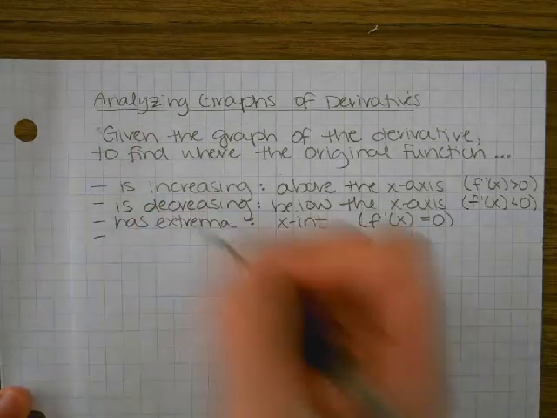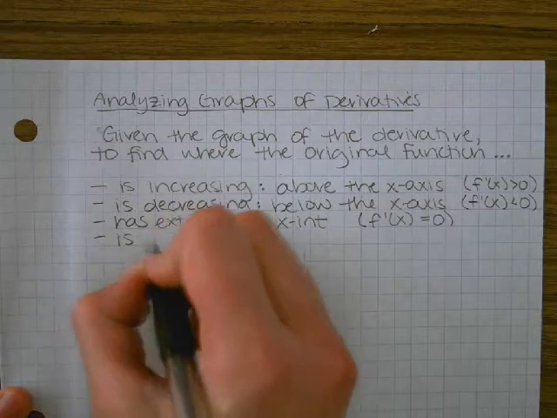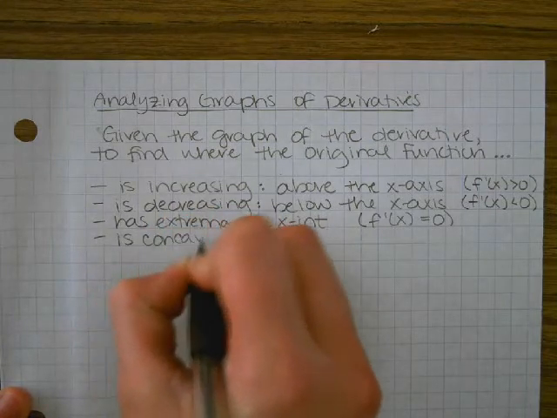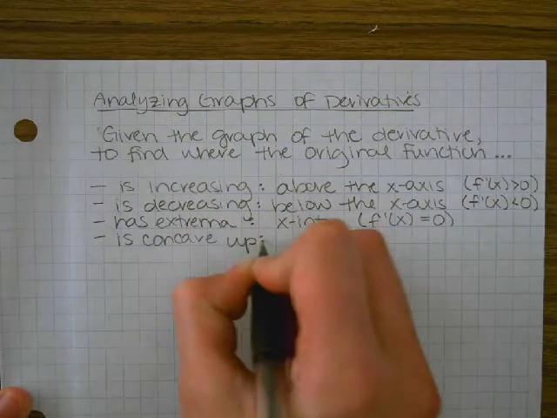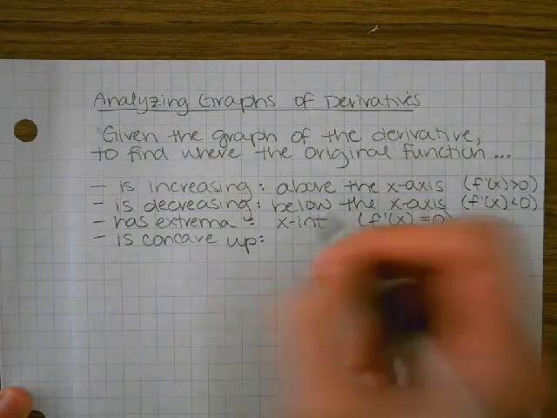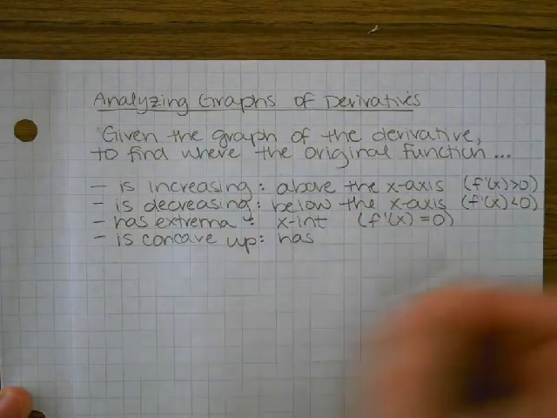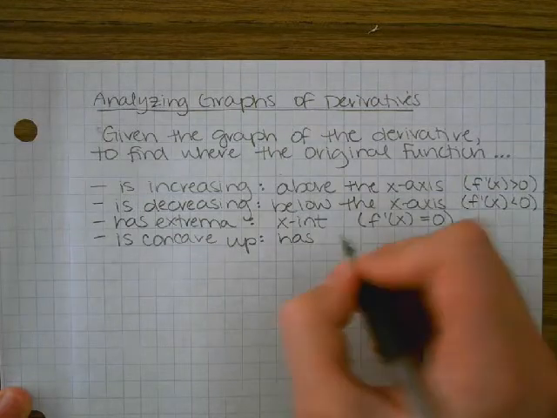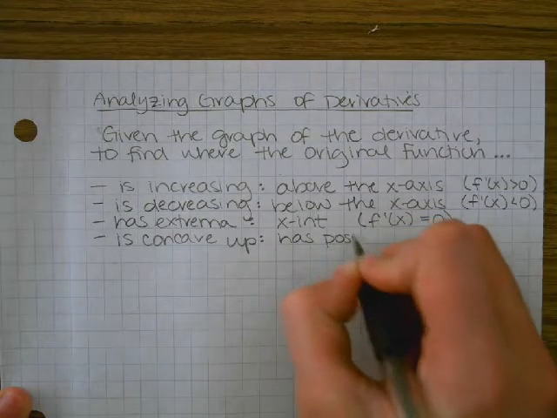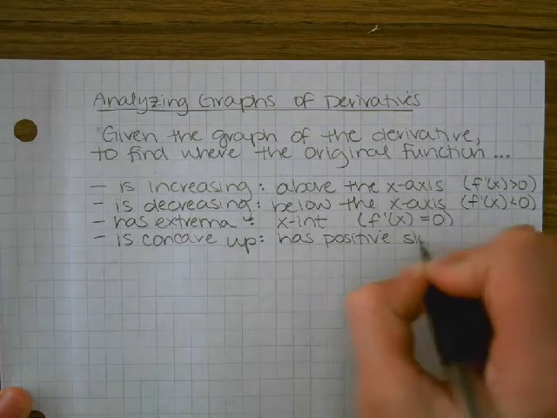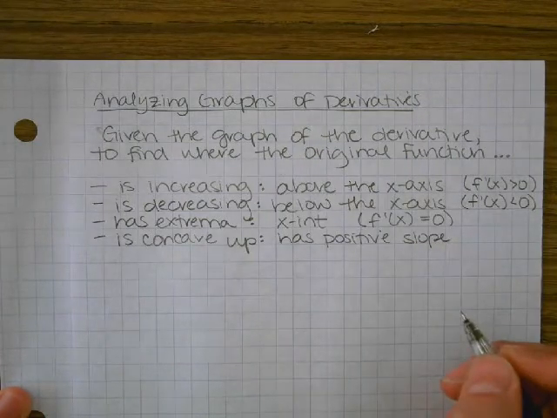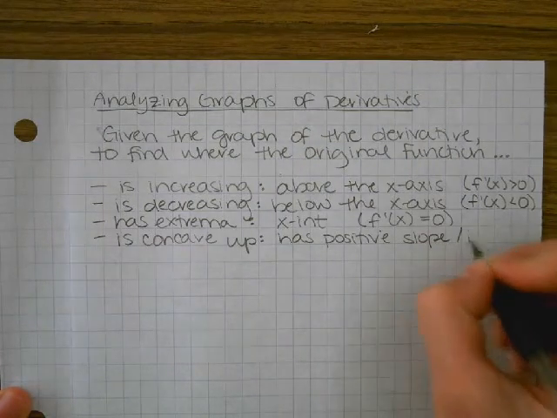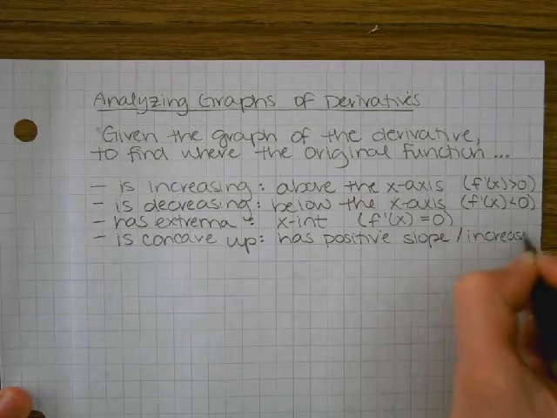If you want to know if the original graph is concave up, then on the graph of the derivative, you need to look to see where the derivative has positive slope. Another way to say this is to see where the derivative is increasing.